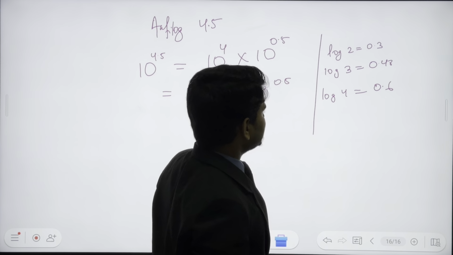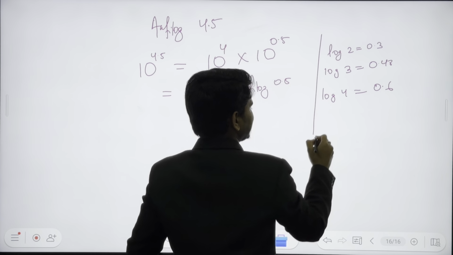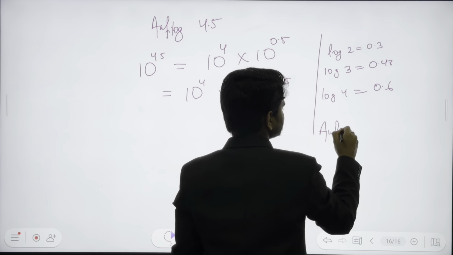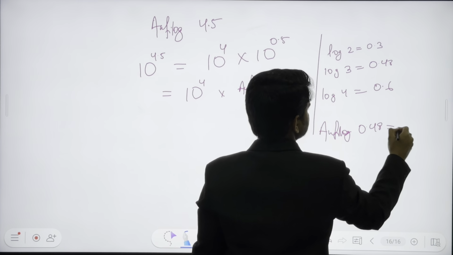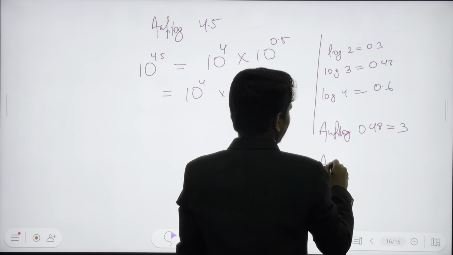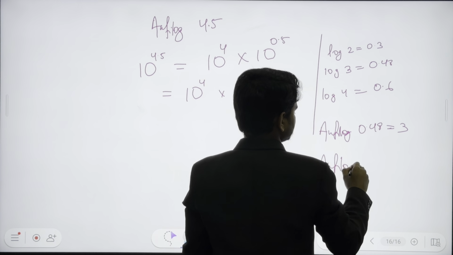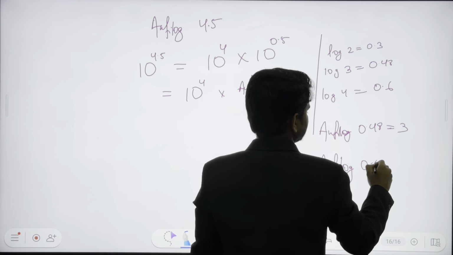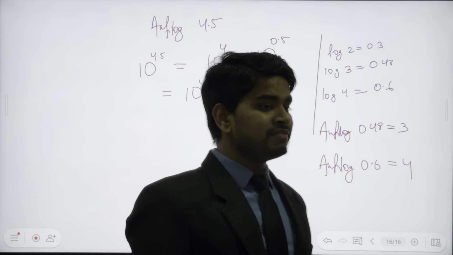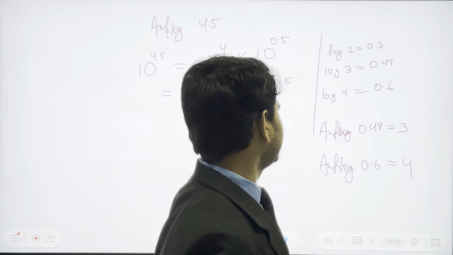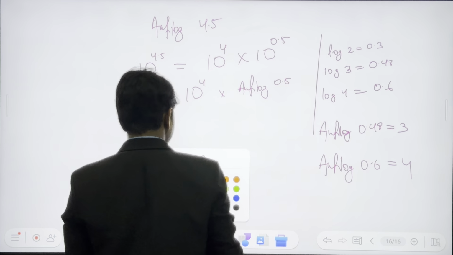So we can say anti-log 0.48 is equal to 3 and anti-log 0.6 is 4. So the given value 0.5 will lie in between these two.